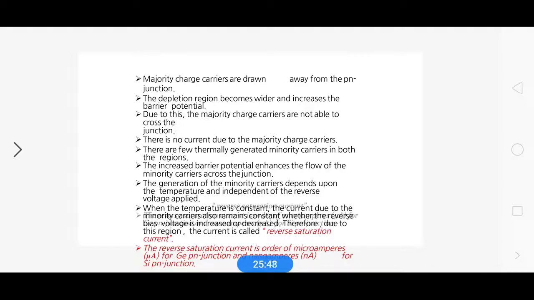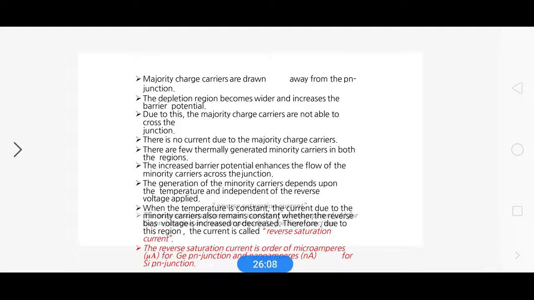Means the minority charge carriers are moving towards the junction. So there are a few thermally generated minority charge carriers in both regions.